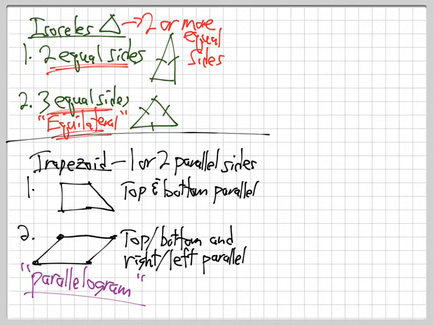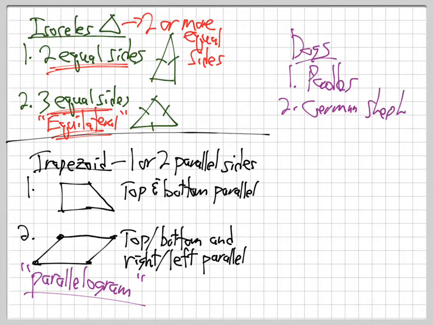So it's kind of like, let's talk about dogs. And I could say, you have poodles and you have German shepherds. Right? And those are different kinds of dogs. Well, that's what we're talking about. We have the category of isosceles triangles, and one kind is where they just have 2 equal sides, and another kind is where they have all 3 sides equal, called equilateral.